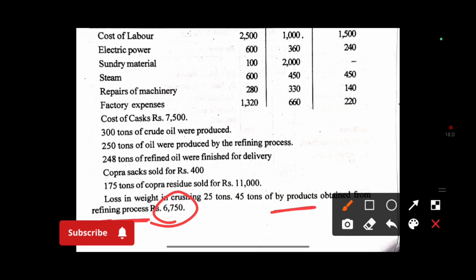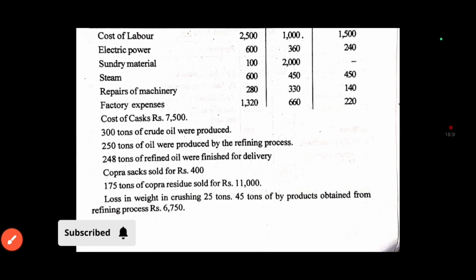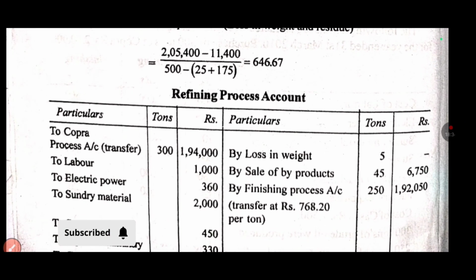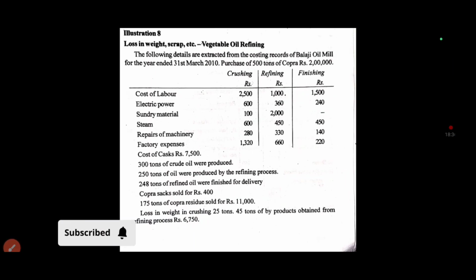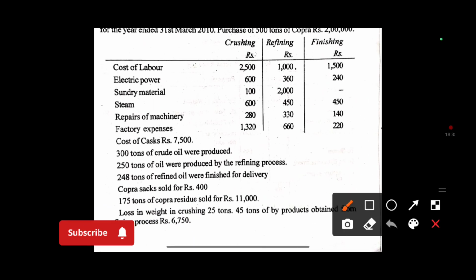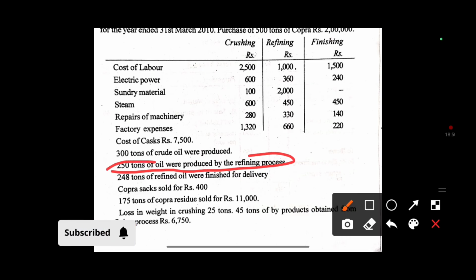Okay, then let's come to the next point. Look here, in the question, 250 tons of oil were produced by the refining process. So at the end of the refining process, they produce the oil, refined oil. How much? 250 tons were produced.